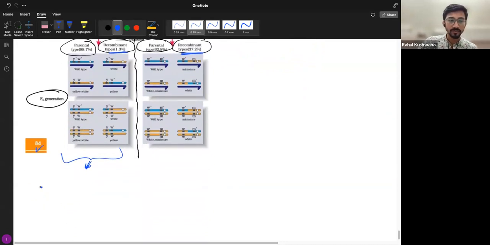What can we conclude from this? First thing, can we conclude that the two genes are linked? There is around 99% linkage. Can I say that?